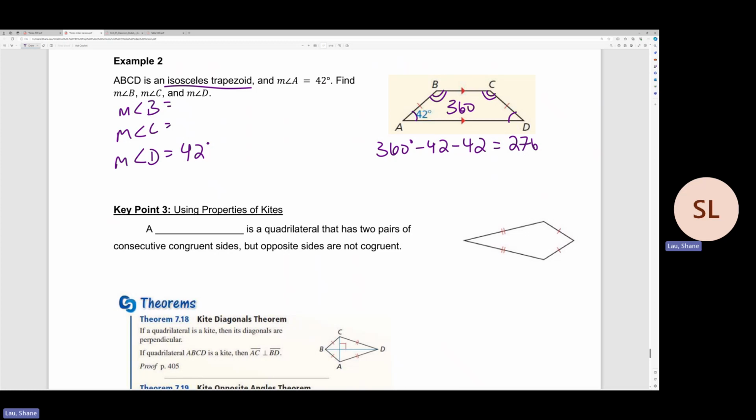So I'm going to take 276 divided by 2. I'm going to get the answer of 138. So that therefore means that angle C and angle B are 138 degrees. And that's it. That is pretty simple. Nothing too difficult about that.